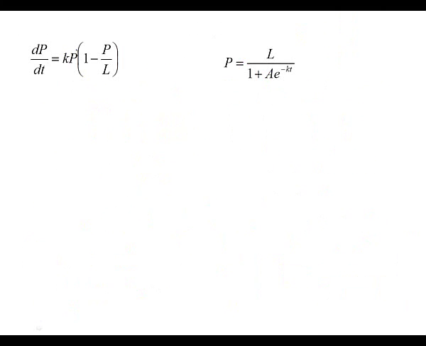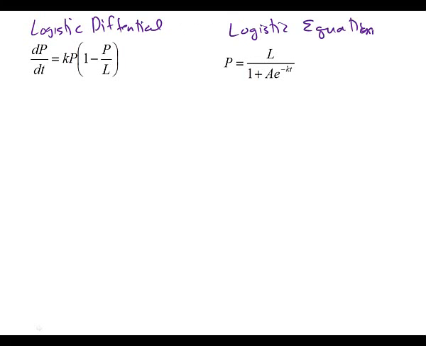Somewhere on there you probably want to label that this is the logistic differential equation, and this one is the logistic equation. Do you see that there are similarities in the letters?